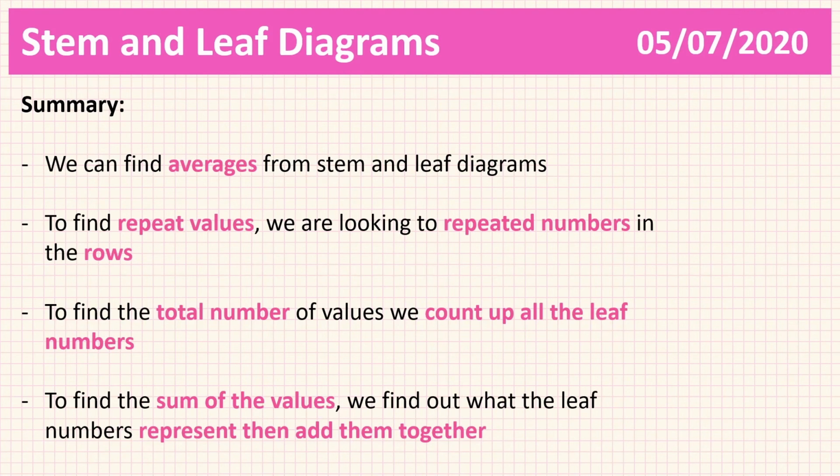To find the total number, we just count up all of the leaf numbers. And to find the sum of the values, we add up what the leaf numbers represent. We don't just add up the leaf numbers, we need to figure out what value they represent, then add those values together.